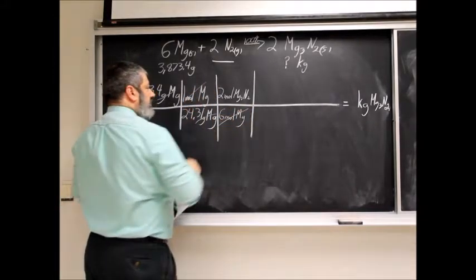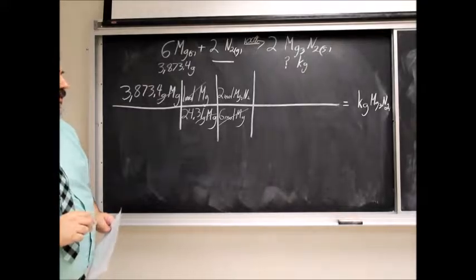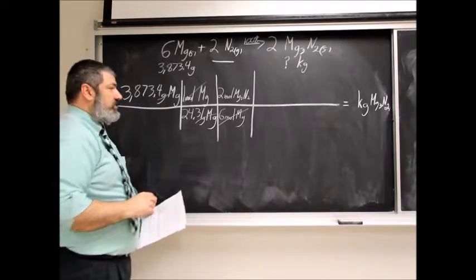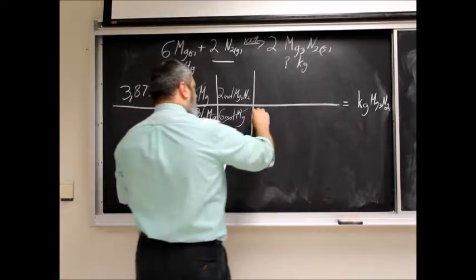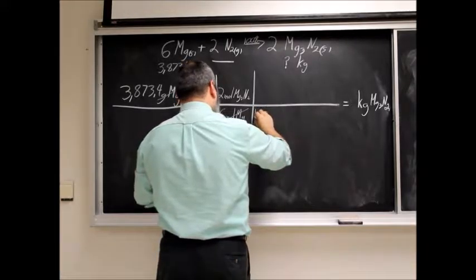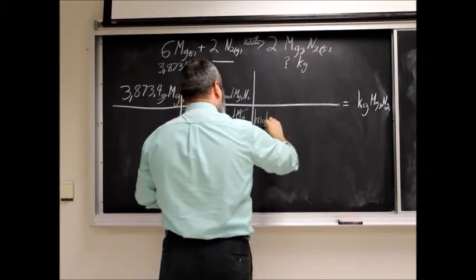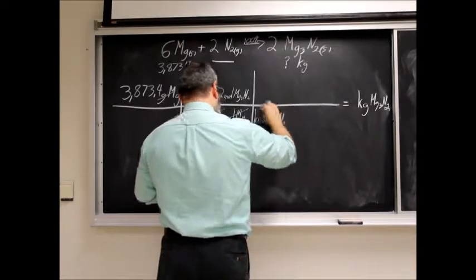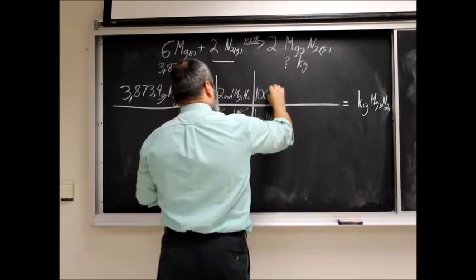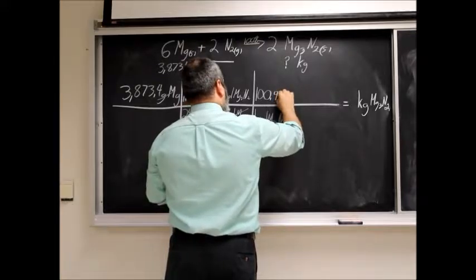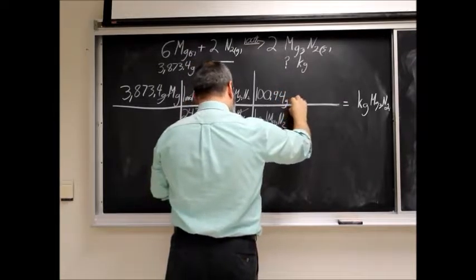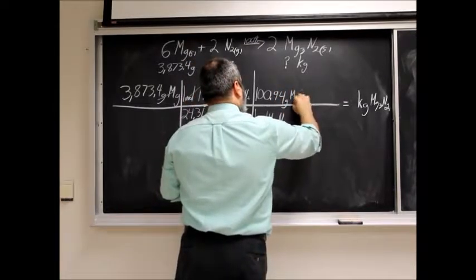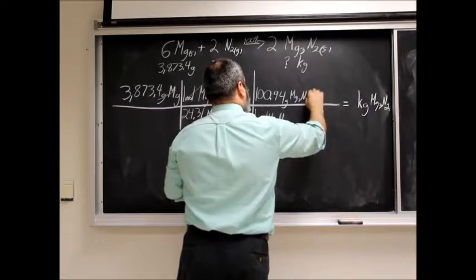So moles cancel. So now in moles of magnesium nitride. We need kilograms, so we're going to go now from moles to grams. And off to the side somewhere, you should have calculated what this molar mass was.